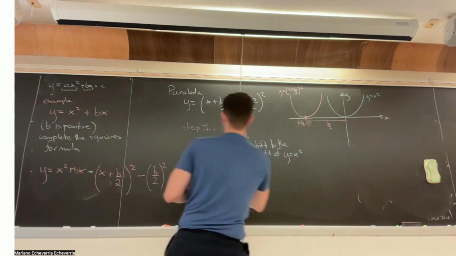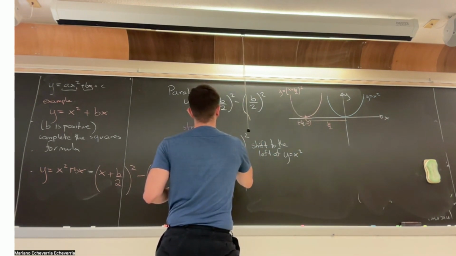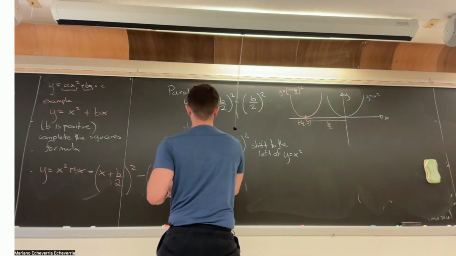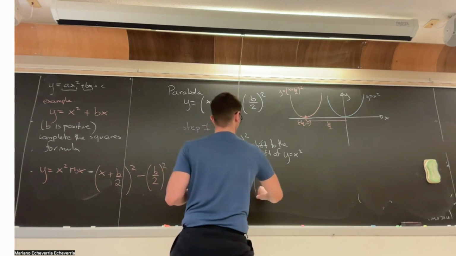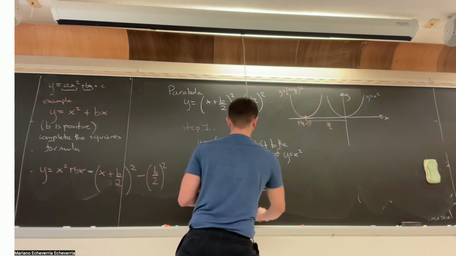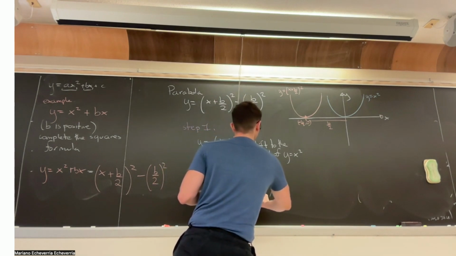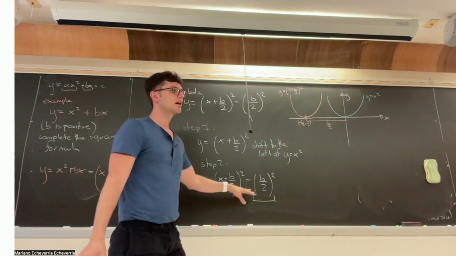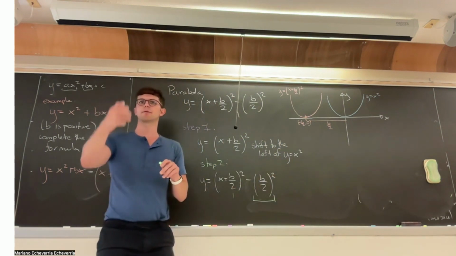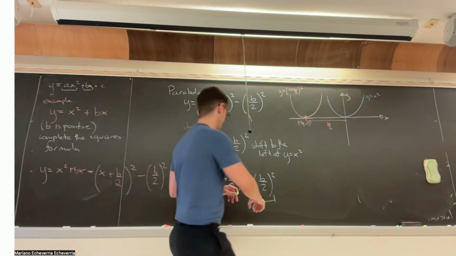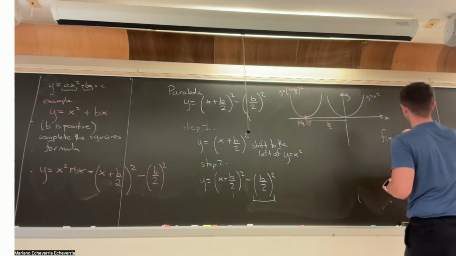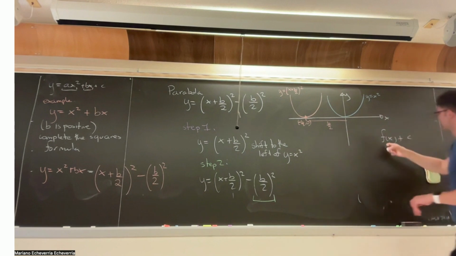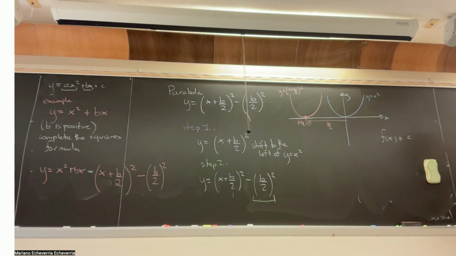So step two, let's just consider what happens with that. Now what you're doing is subtracting a number from the graph. I don't know if you remember, we talked about that too. What happens if you have a function and you add a number to it? It just moves it up or down depending on what the number is.